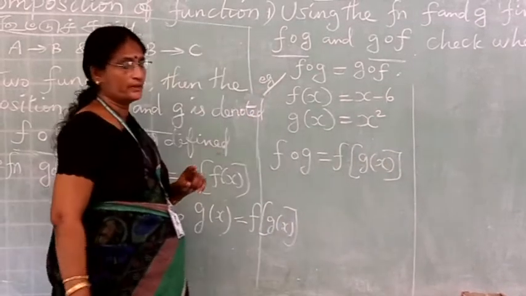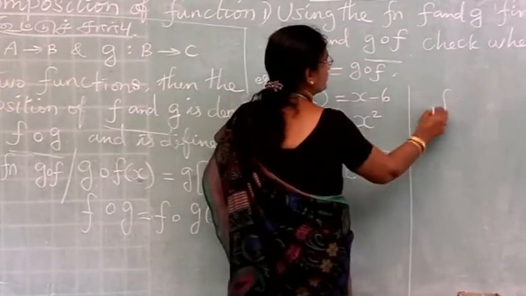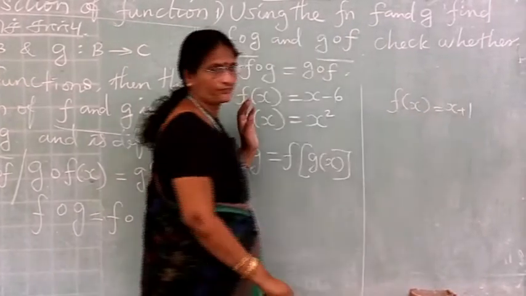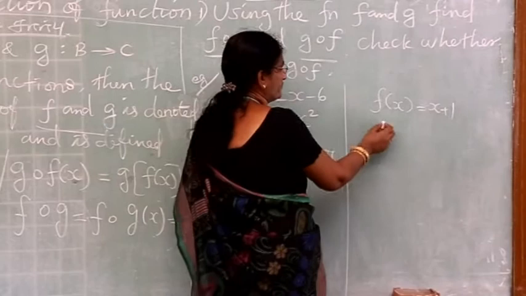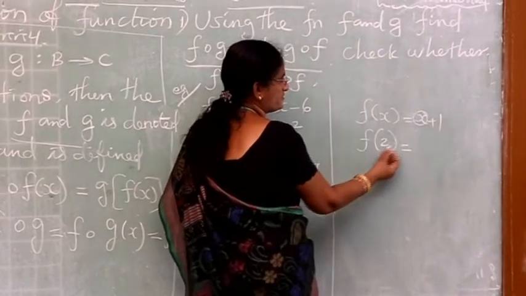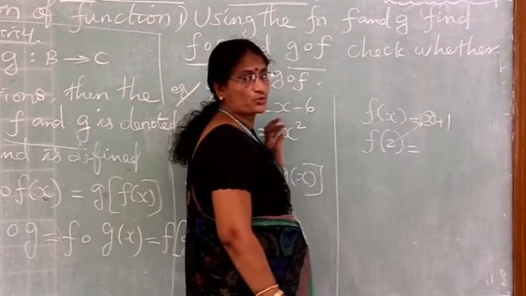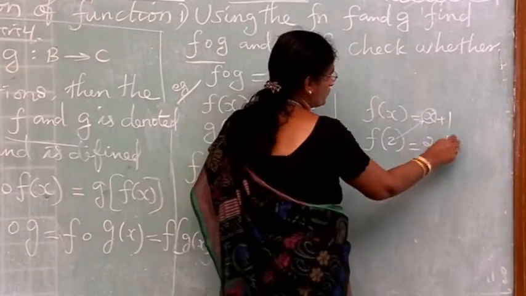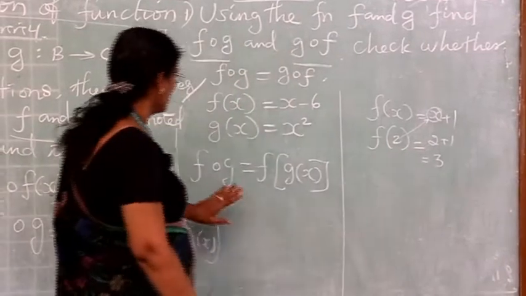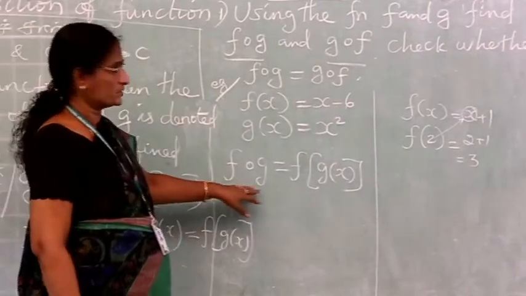So for example, now f of x is equal to x plus 1. So how can we find f of 2? See, instead of this x, we substitute this 2 here. So 2 plus 1, so f of 2 is 3. Like this, here also we are going to substitute.